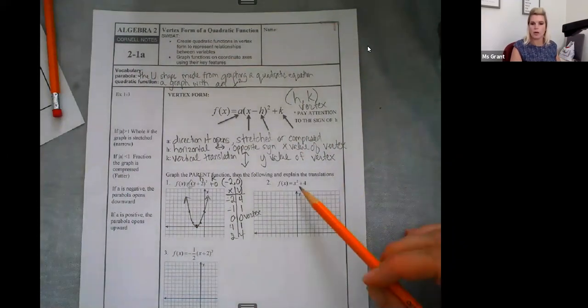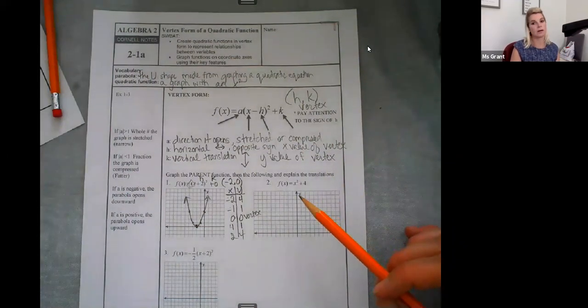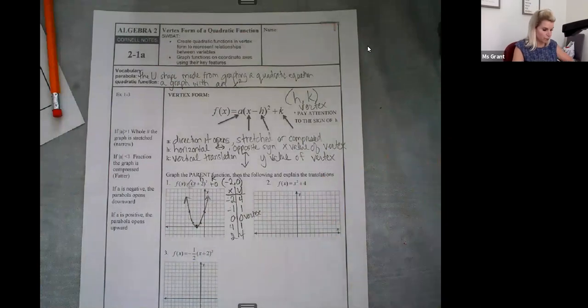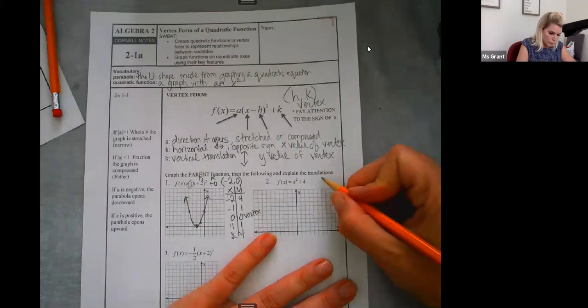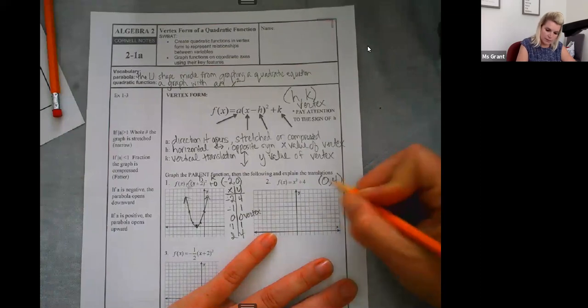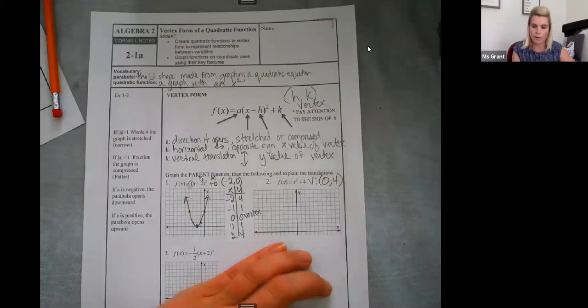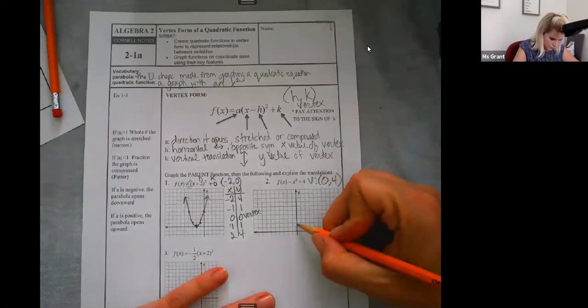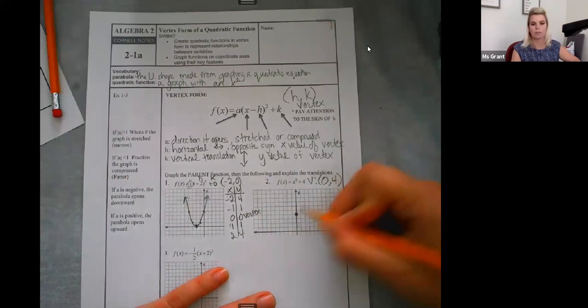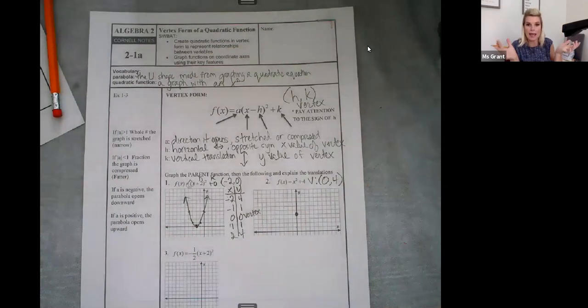Okay. Number 2, x squared plus 4. There's no h. My vertex is 0, 4. So graph that. Again, there's no a. Over 1, up 1. Over 2, up 4.